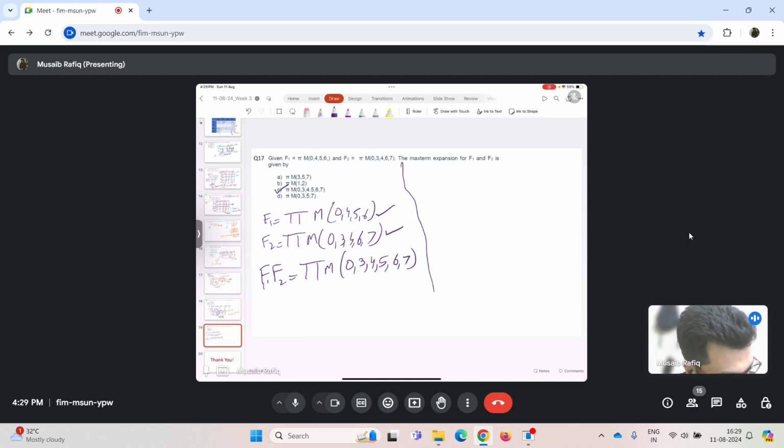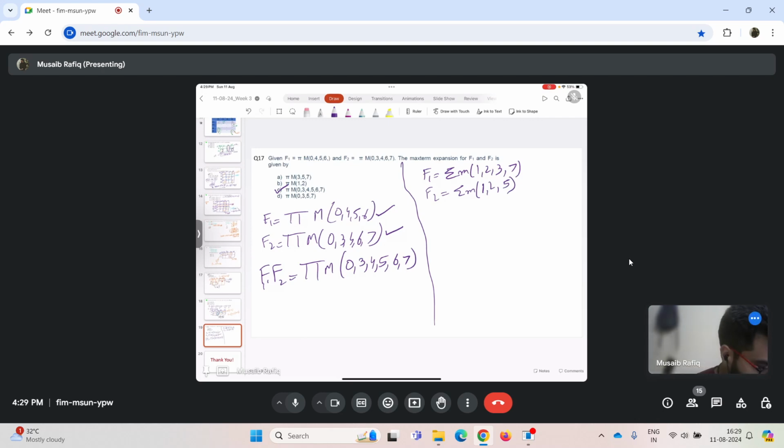Another way of doing it will be f1. You can write it in SOP form, sum of min terms 1, 2, 3, 7, and f2 will be equal to sum of min terms 1, 2, 4, 5, and 3 is there. Yeah, correct.